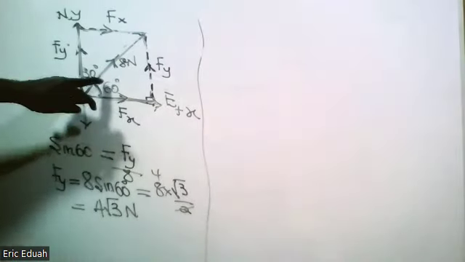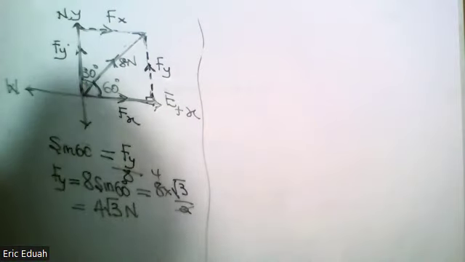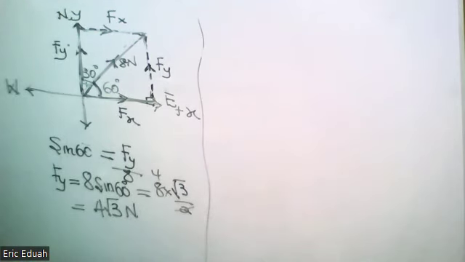And once I know the angle and then the hypotenuse, the obvious trig ratio to use is to use what? What will be the appropriate trig ratio to find the adjacent? Or the x. Good. Cosine.